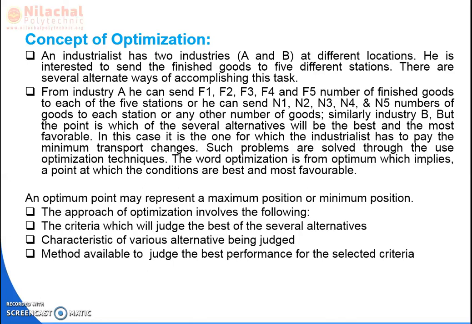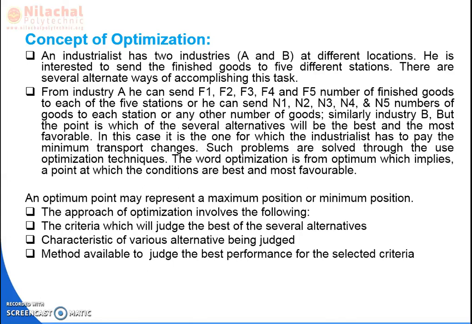Let's consider for the industry A, the finished goods are F1, F2, F3, F4 and F5. Similarly, the finished products are to be sent to the stations like N1, N2, N3, N4 and N5. Similarly, the industry B has the same finished goods F1 to F5 and stations N1 to N5.